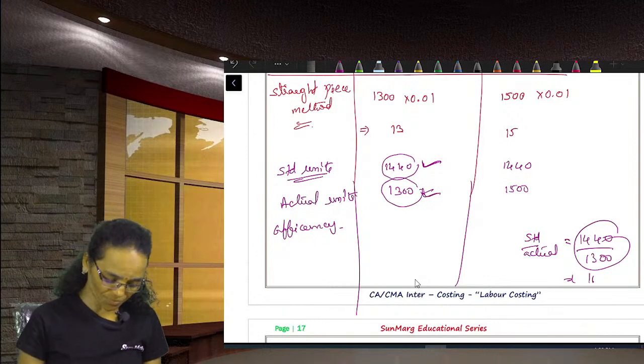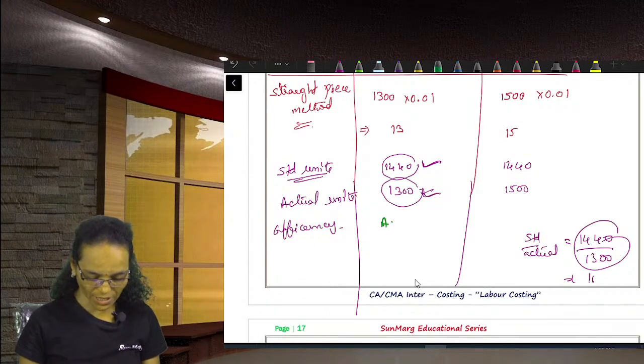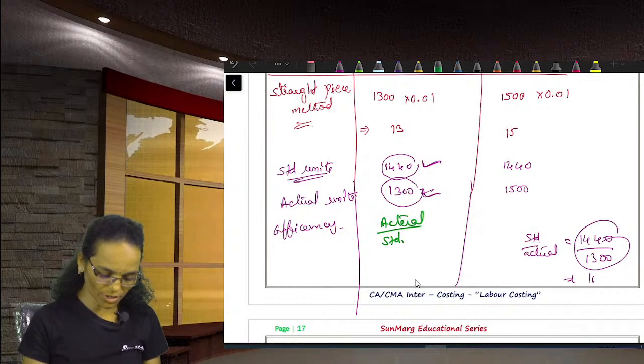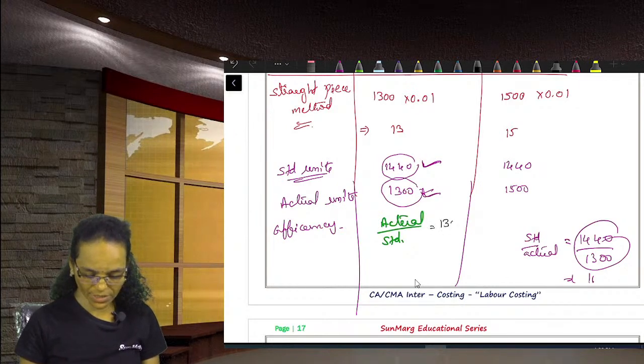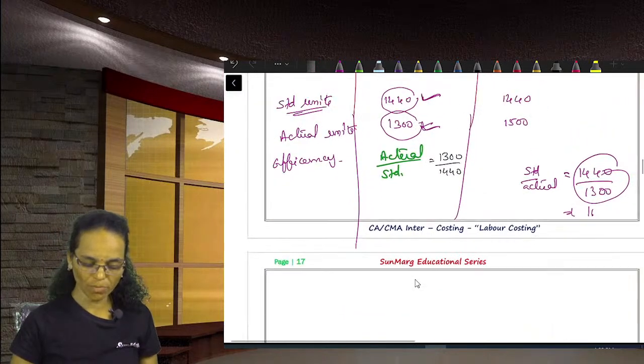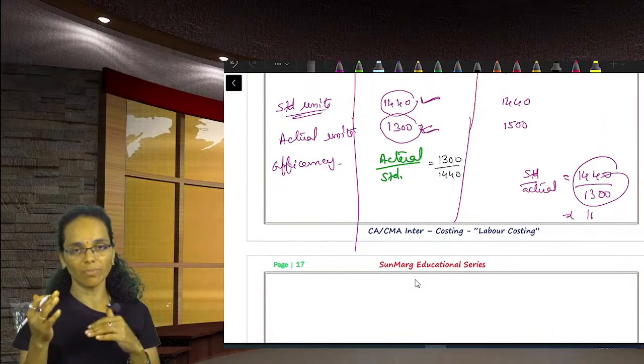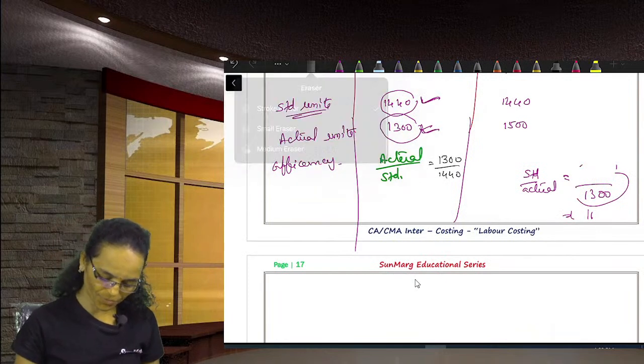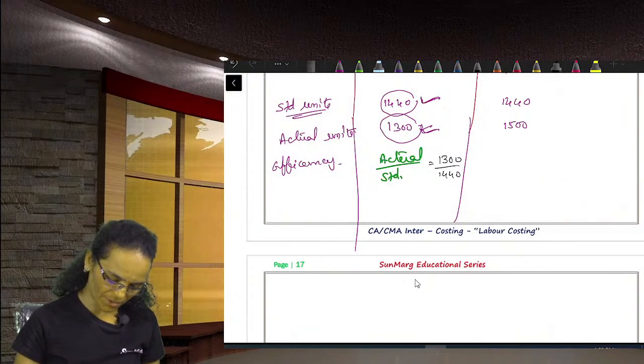So we write actual divided by standard, 1300 divided by 1440, which is less than 100%. In the examination, derive the formula this way. Don't memorize standard by actual or actual by standard.